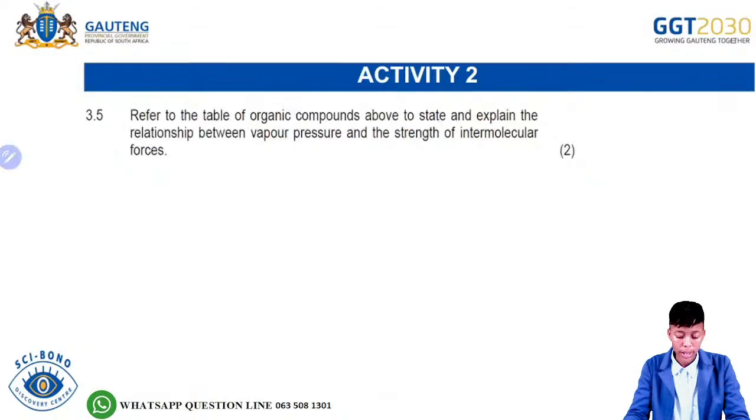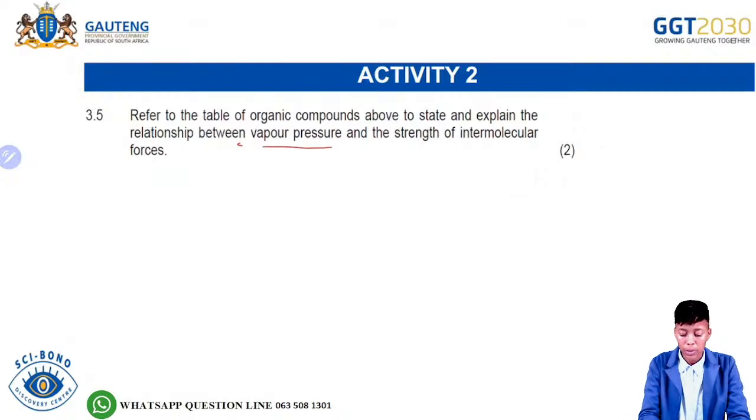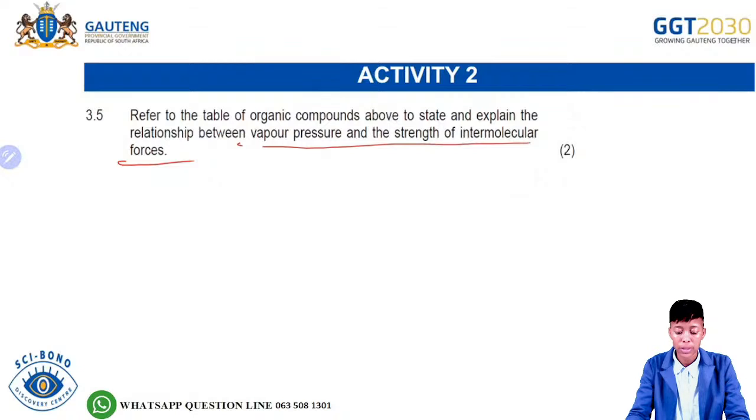Then 3.5 says, refer to the table of organic compounds above to state and explain the relationship between vapor pressure and the strength of the intermolecular forces. Remember, we spoke about this one.